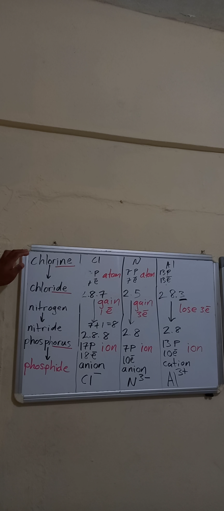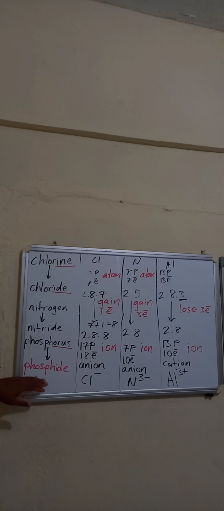So the negative ions, their name is not the same as the atom. But the first part of the name of the anion tells you the atom it is coming from. So if you hear chloride ion, you know it's coming from the chlorine atom. Nitride ion, it is coming from the nitrogen atom. Phosphide ion, coming from the phosphorus atom.